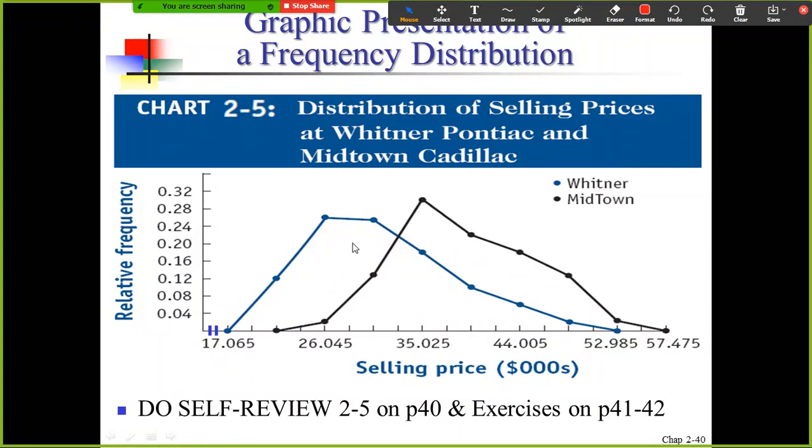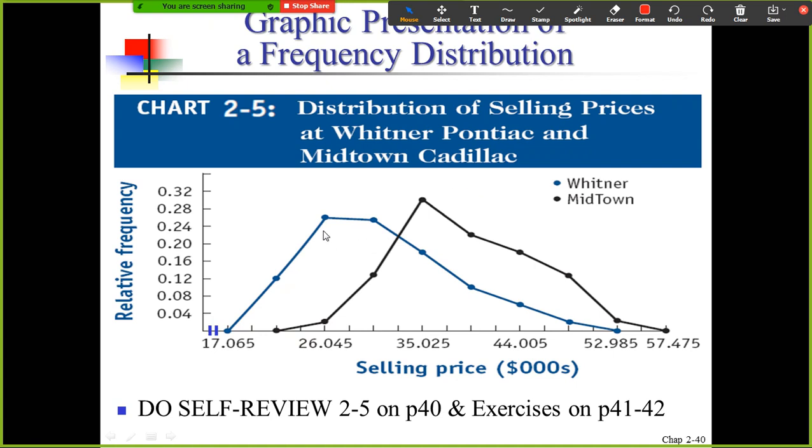So suppose that I have two frequency polygons on the same graph. One is Widener, the blue one, and Midtown, the black one. Based on your understanding, can you make a conclusion about these two lines by posing the question: which car seller is better, with better performance?